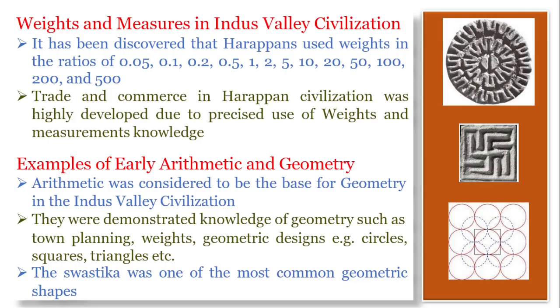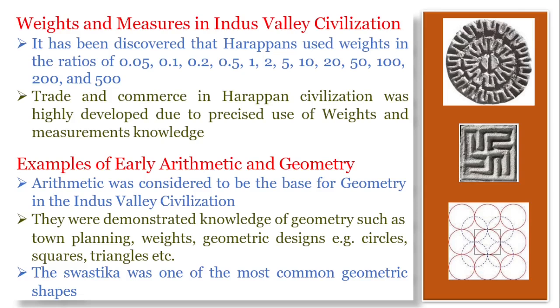So it means that they measured lengths very precisely, the short lengths as well as long lengths, and they also measured weights, because this was a civilization wherein there was a lot of exchange of commodities, there was trade, and therefore naturally they needed weights to measure several objects.